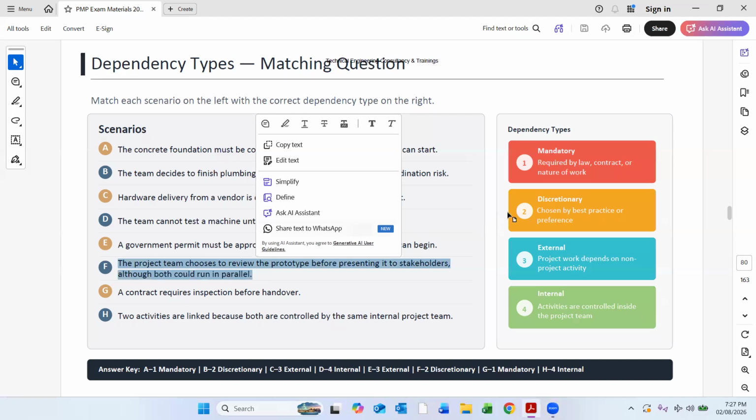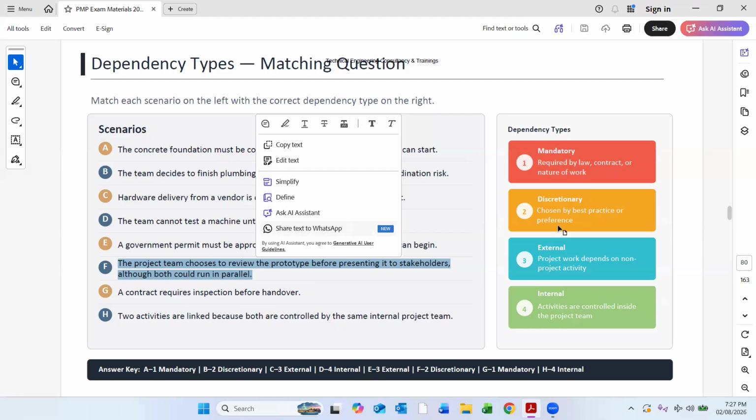Not chosen by best practice or preference? The project team chooses to review the prototype before presenting it to the stakeholder, although both could run in parallel. So it is by best practice or preference.